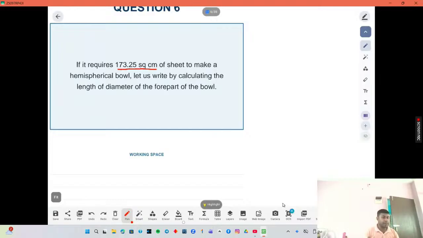Since the bowl is not a solid object, only the curved surface area is required.